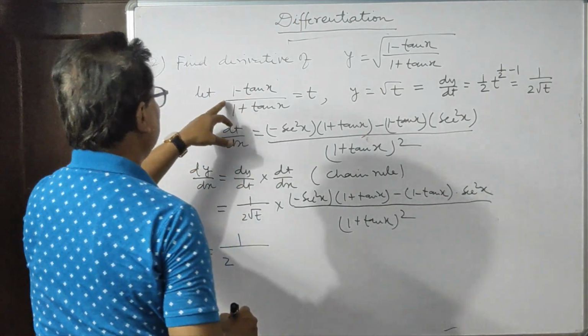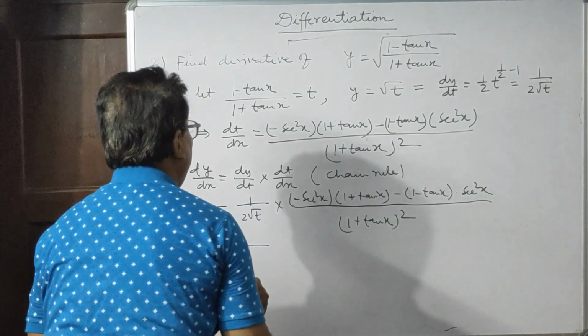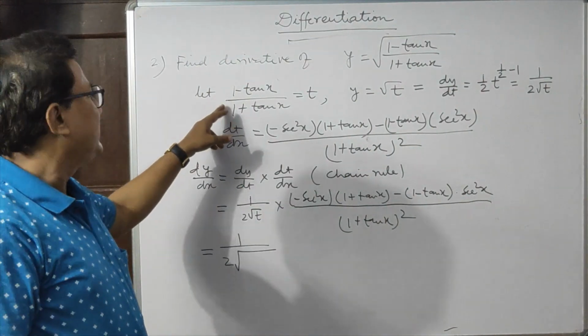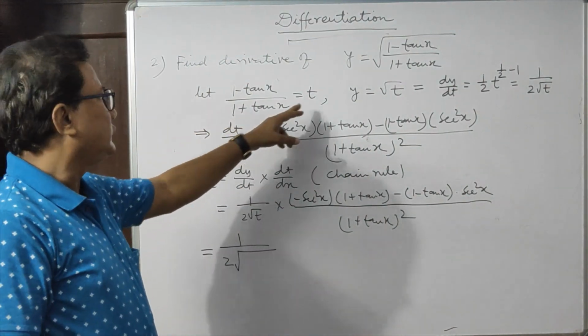So you will write down this expression: 1 minus tan x divided by 1 plus tan x is equal to t.